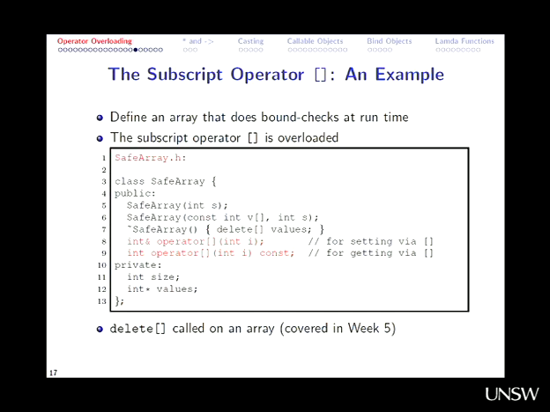I've got some code up on the right-hand side called safe array test. Safe array test does a couple of things. It creates a safe array, which is this class, with space for 10 elements.